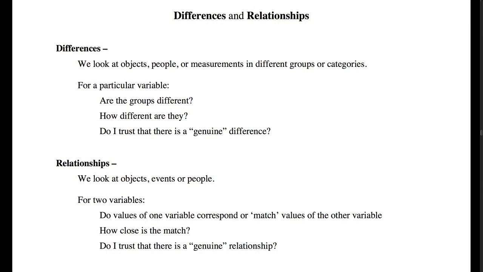And the kinds of questions that we're interested in answering are things like this. Are the groups different? In other words, for some summary statistic, are they the same or different? If they're different, how different are they? And then a more advanced question, I've phrased here in this way. Do I trust that there's a genuine difference? In other words, based on my sample data, should I conclude that there's a difference in the population?